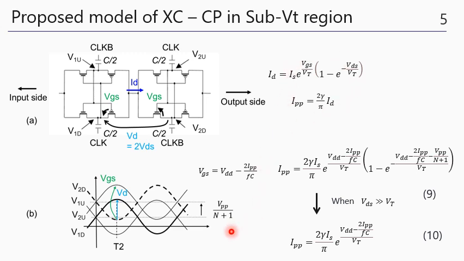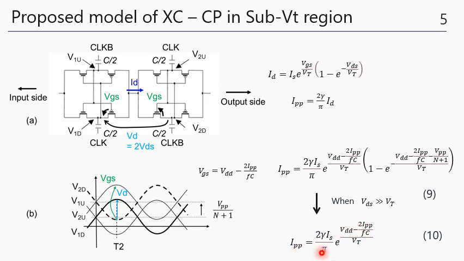These equations can be combined into the IPP-VPP relationship like this. This is a little complicated. However, if the VDS is greater than the thermal voltage VT, we can simplify this equation into this.